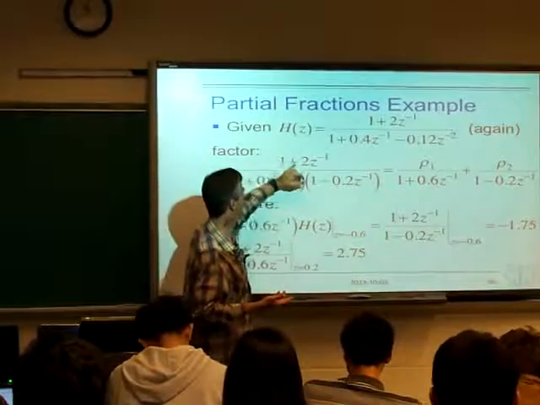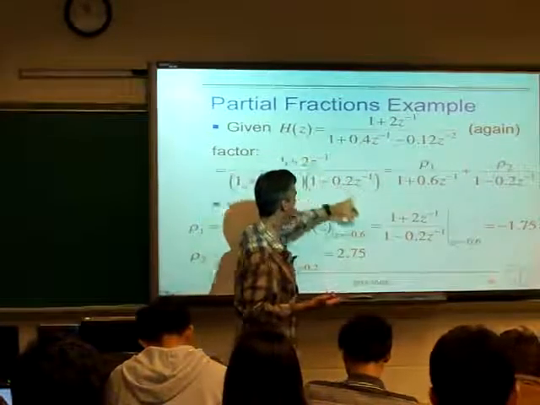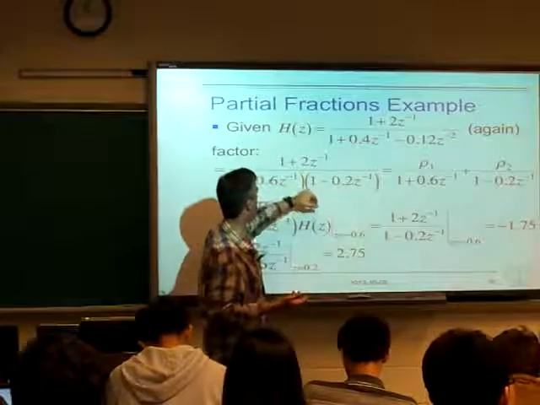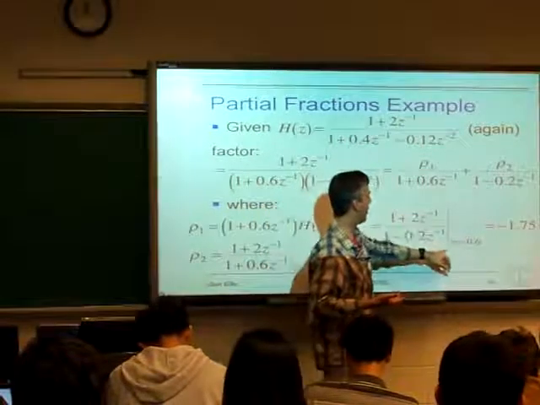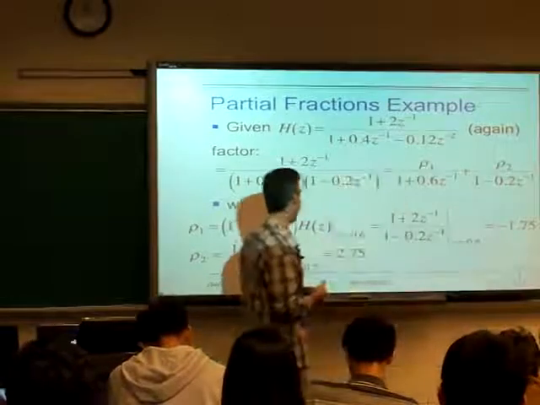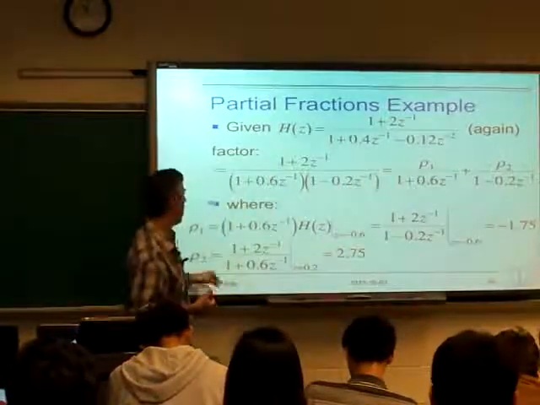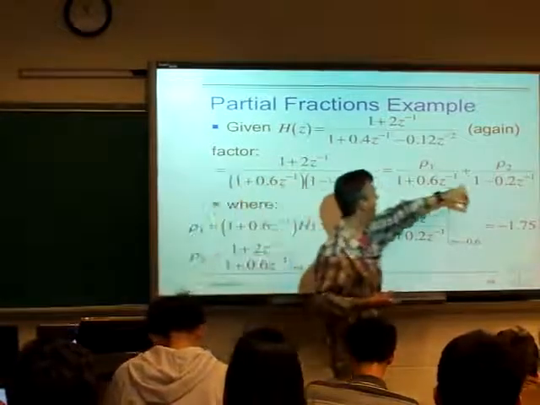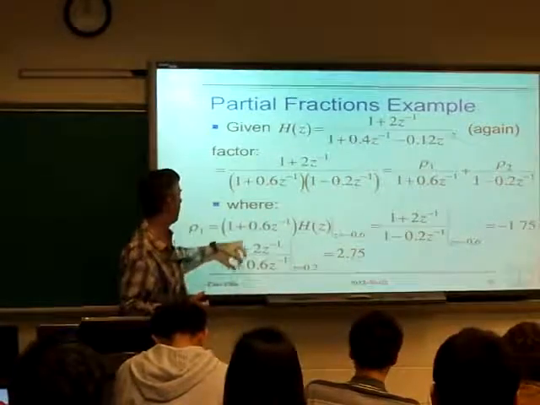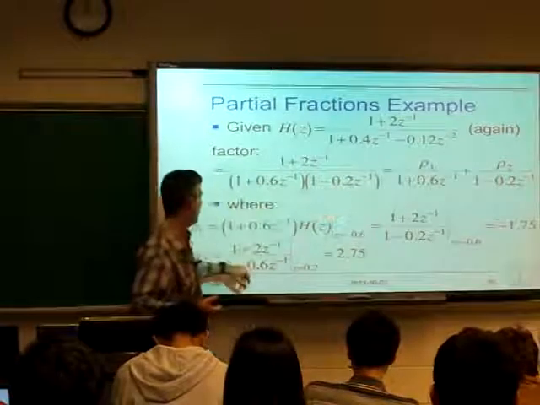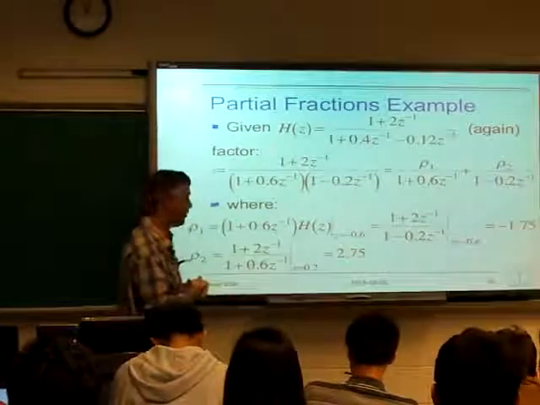So we get 1 plus 2 divided by minus 0.6 on 1 minus 0.2 divided by minus 0.6, which when we evaluate it gives us minus 1.75. That's the numerator here. We do the same thing at z equal to 0.2 with this term removed. We get this, and this is 2.75.